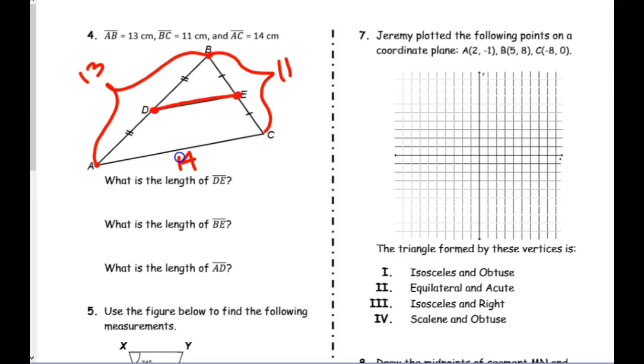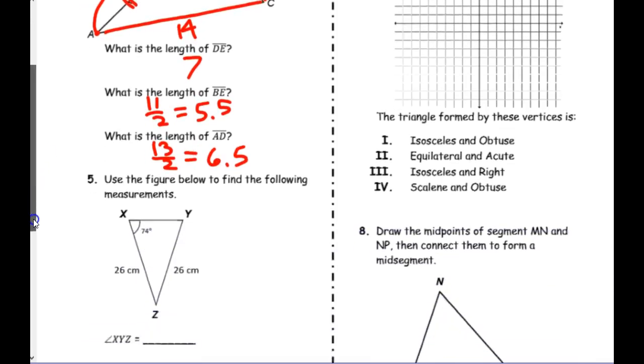And remember, the mid-segment is half of this parallel side, so this is going to be 7. What is the length of BE? Well, BE, since there's tick marks, it's going to be half of 11. So 11 over 2, or 5.5. What is the length of AD? Again, you got tick marks here, so it's going to be half of 13. 13 divided by 2, or 6.5.